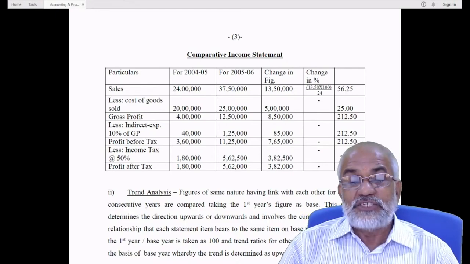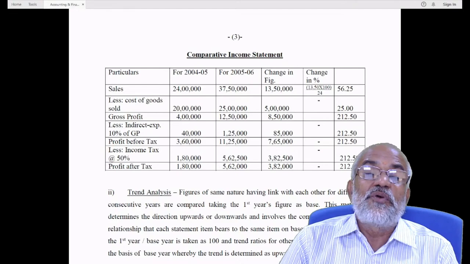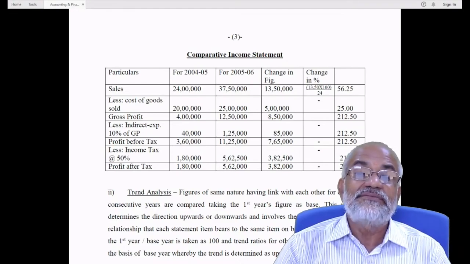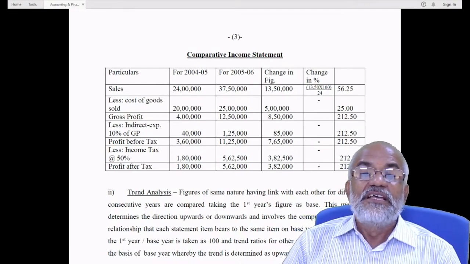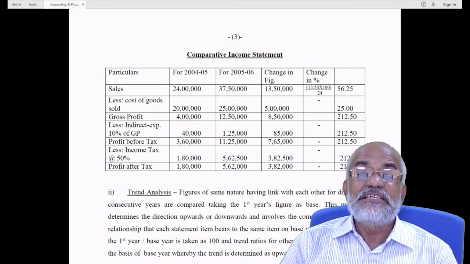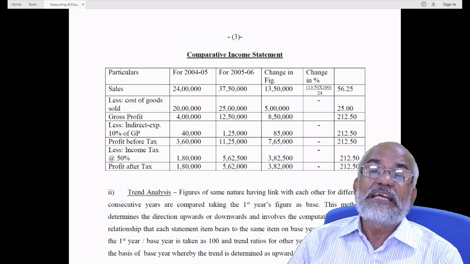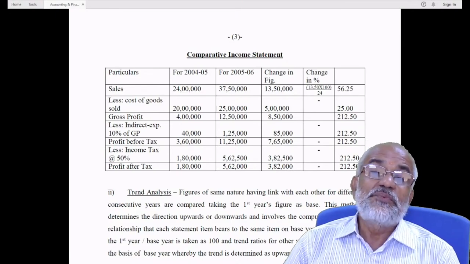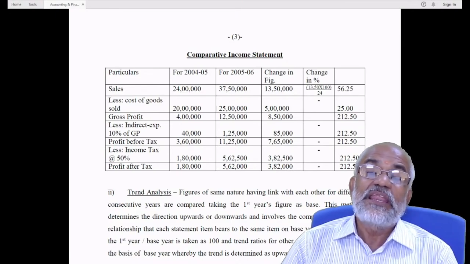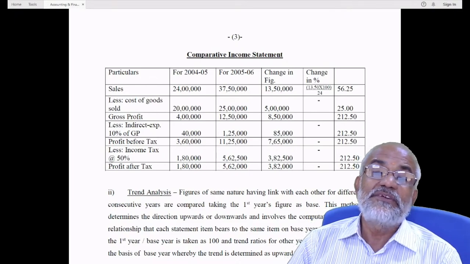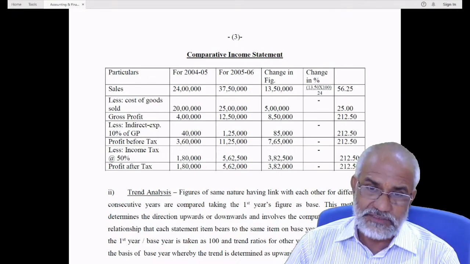Then income tax has to be deducted from the profit before tax in order to find out the profit after tax. So when the rate of tax is 50%, 3,60,000 is the profit before tax for the year 2004-5. So 50% is deducted therefrom, 1,80,000 is deducted. So the income tax is 1,80,000.